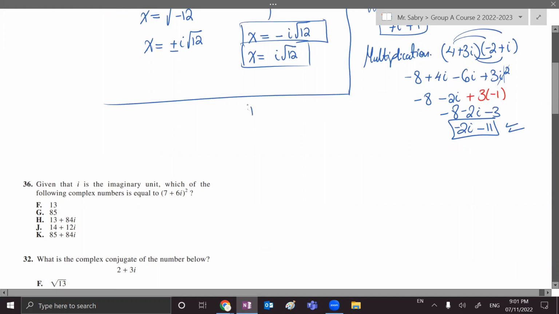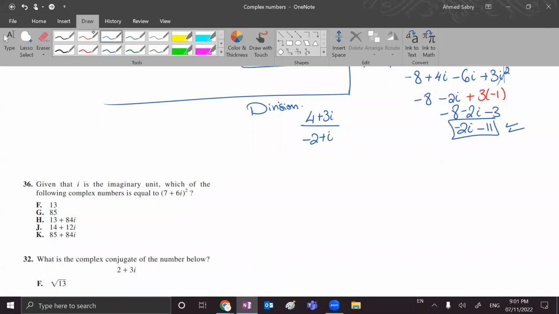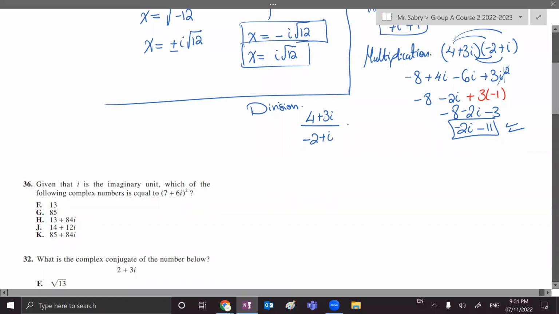So if we're dividing now. Let's say we have 4 plus 3i divided by negative 2 plus i. Please listen carefully. What we do is take the denominator, the bottom only, and get its conjugate.